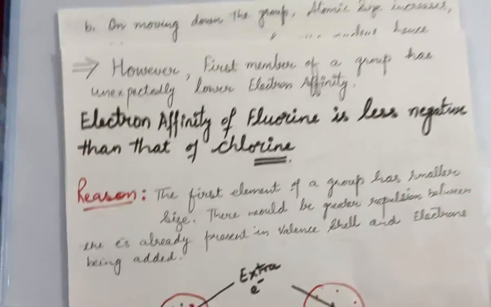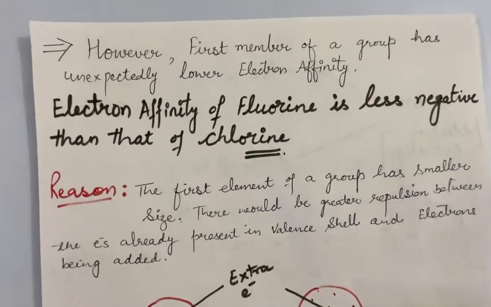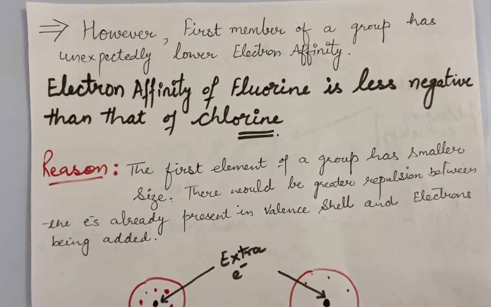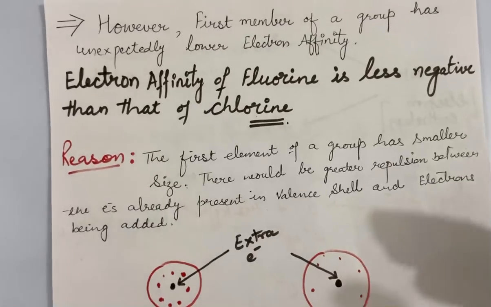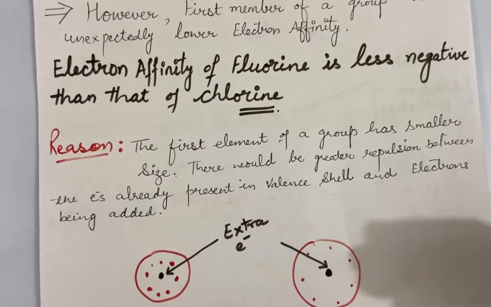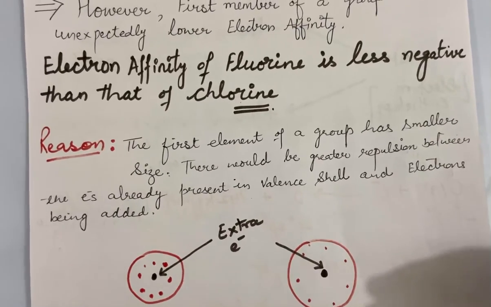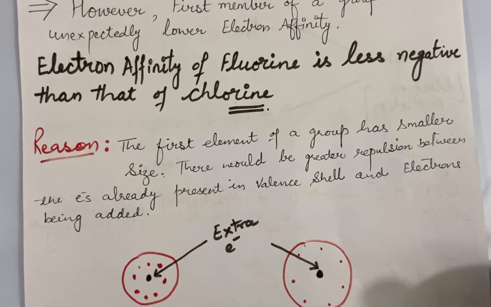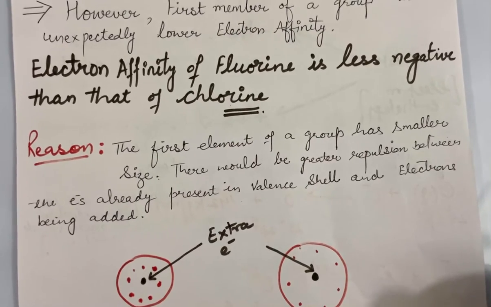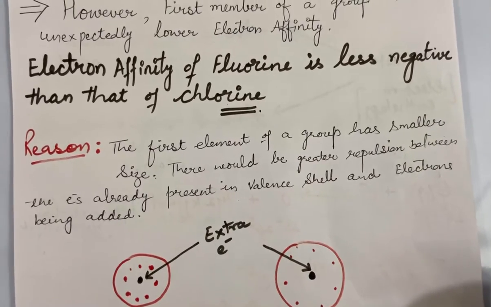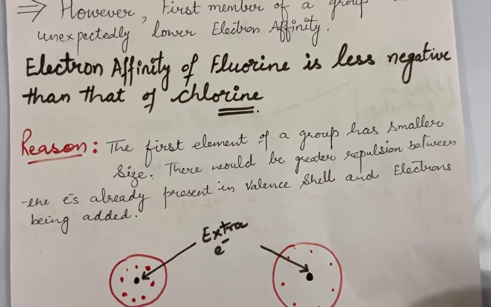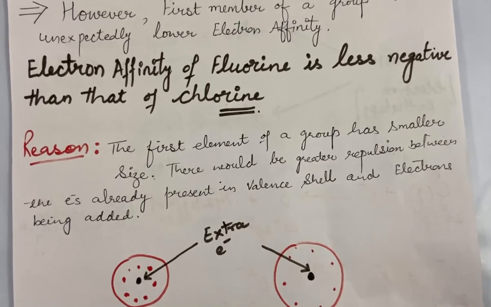The first element of every group has unexpectedly lower electron affinity. As we discussed, the electron affinity decreases down the group as the size increases. It means the first element in a particular group should have high electron affinity, but the first member of the group has unexpectedly lower electron affinity.